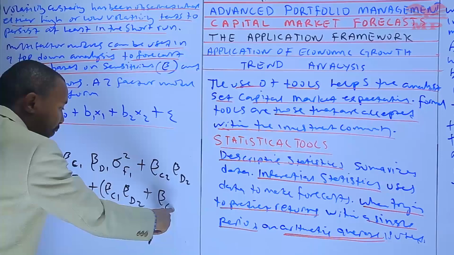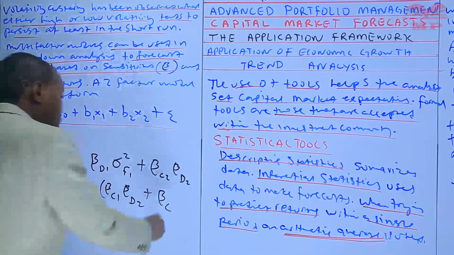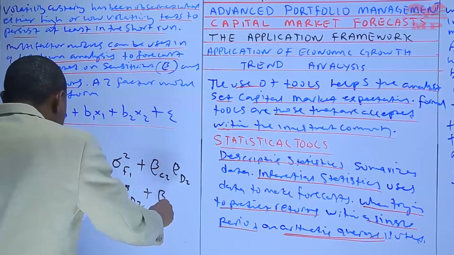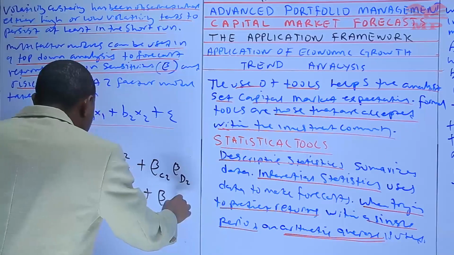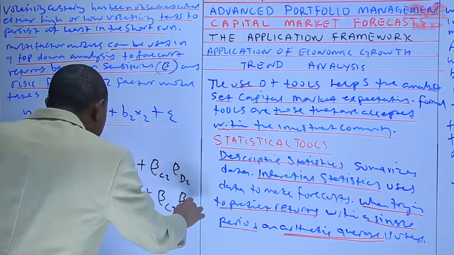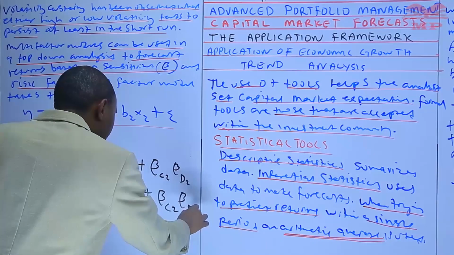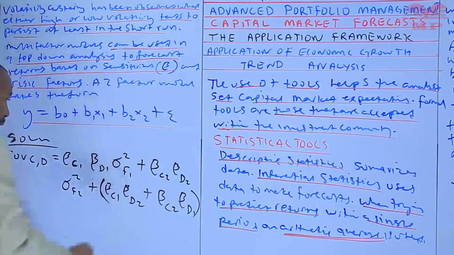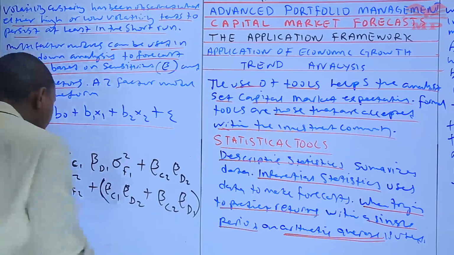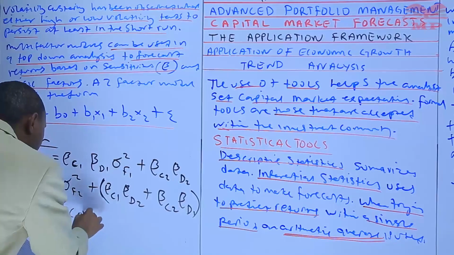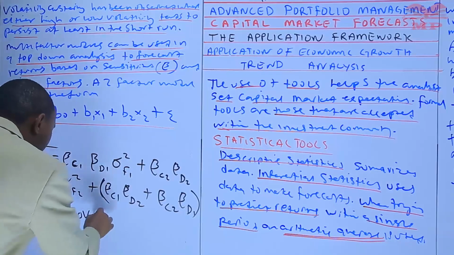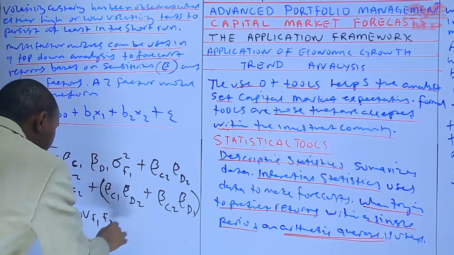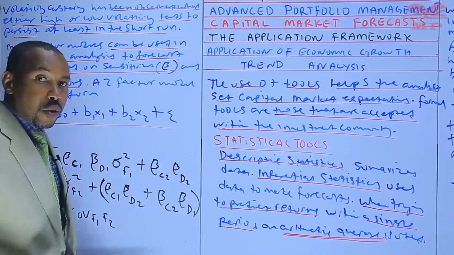Now we do second factor, first factor: beta for C for the second factor, and then we multiply by beta for D for the first factor. We close the bracket because we opened it, and we continue with the covariance of F1, F2. I hope you've understood what we're doing.